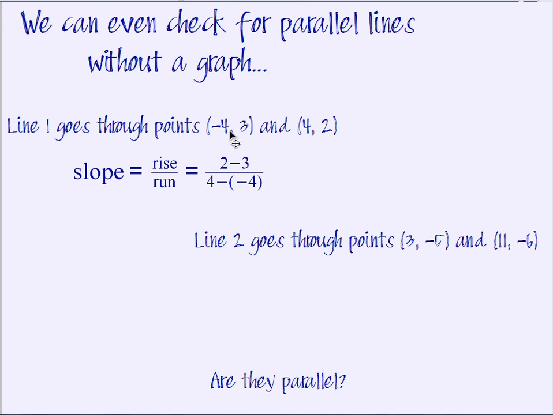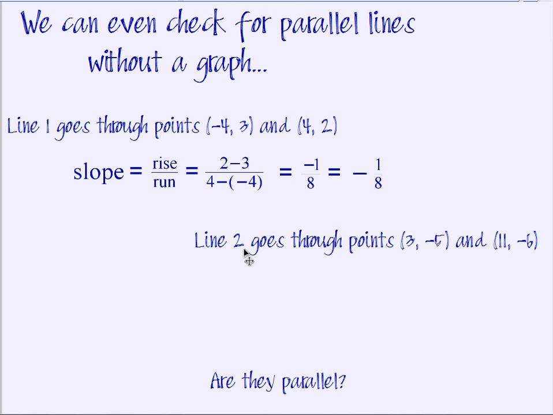Remember, we call these x1, y1, x2, y2, and to find rise over run, I'm going to do y2 minus y1 over x2 minus x1. So I get 2 minus 3 and 4 minus negative 4. If I calculate that out, I get negative 1 for my numerator, positive 8 for my denominator, which gives me a slope of negative 1/8. So this line from point to point is going down 1 to the right 8 units.